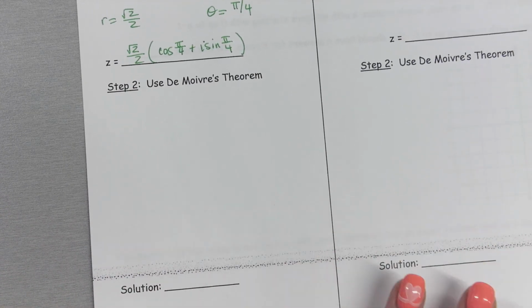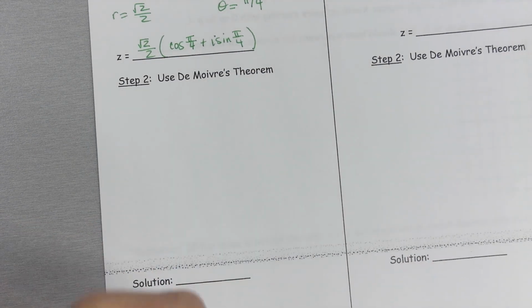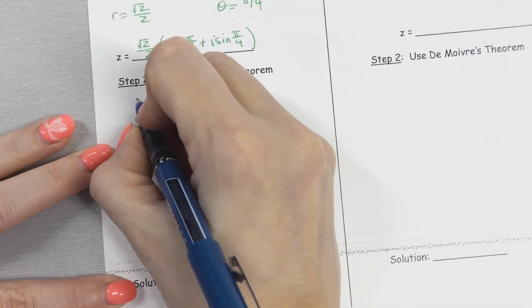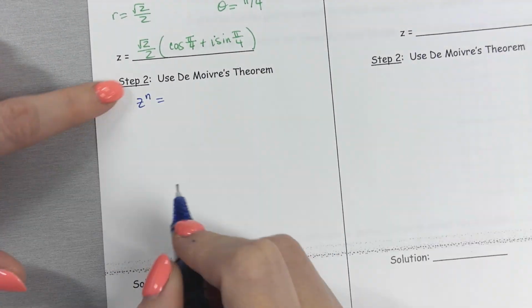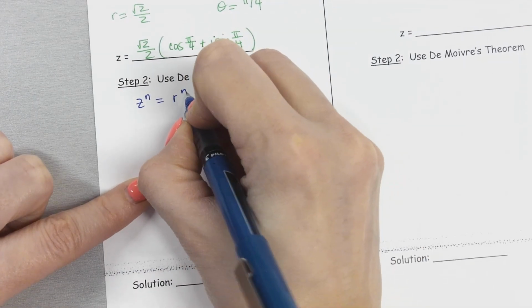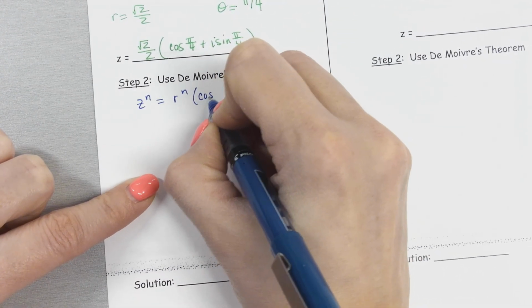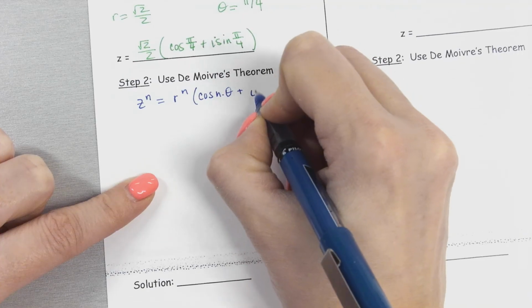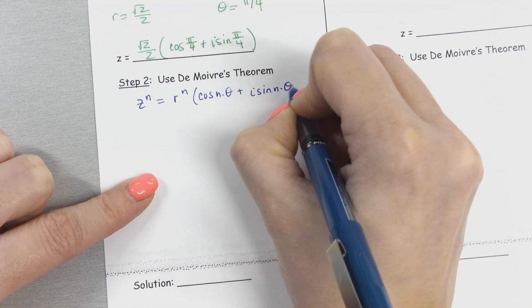All right, then let's talk about de Moivre's theorem. So in de Moivre's theorem, you're using z to the n equals r to the n cosine of n times theta plus i sine n times theta.